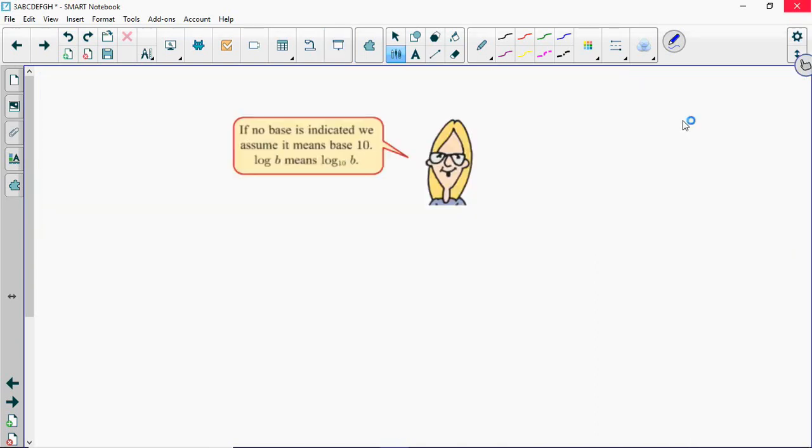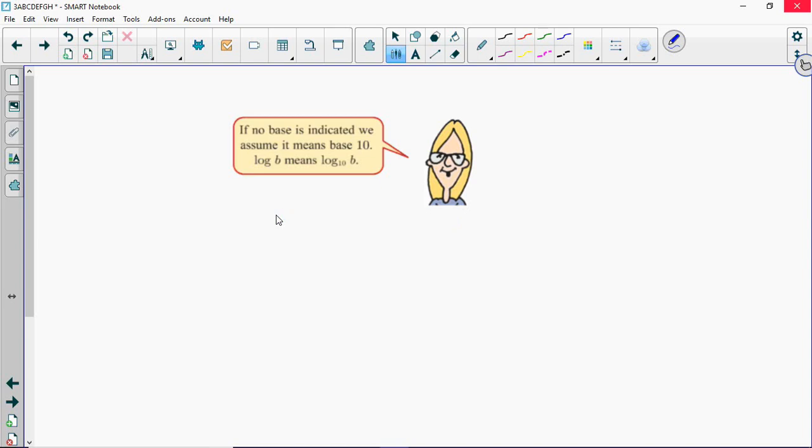And before we move on, our little helpful friend from the book tells us that if we don't have a base, we mean the base to be 10. So often we'll see just an expression like this, log of some number. And this is usually true. We call base 10 the common logarithm, and it's called the common logarithm due to historical reasons, because way back, so long ago in history, we didn't have calculators that could perform logarithmic operations.